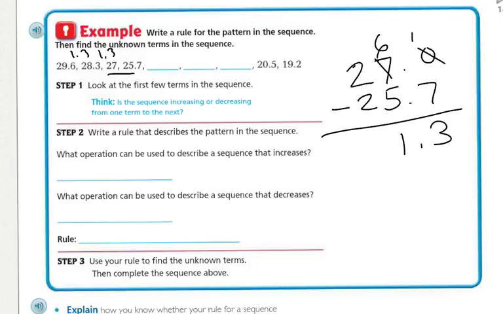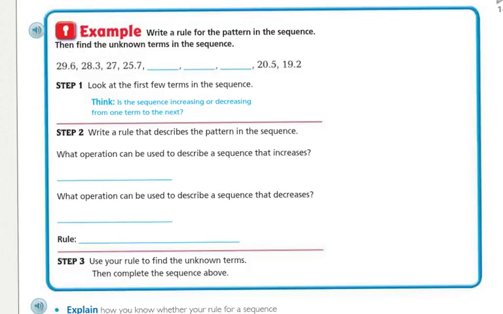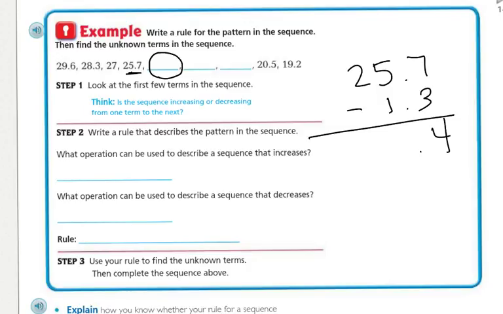So if that is, in fact, my pattern, if 1.3 less than is my pattern, I'm going to start with this number to find out what this one's going to be, and I'm going to minus 1.3. So I have 25.7 minus 1.3, and I'm going to get 4, bring down my decimal, another 4 and a 2. So this answer is going to be 2.44. I'm sorry, 24.4.